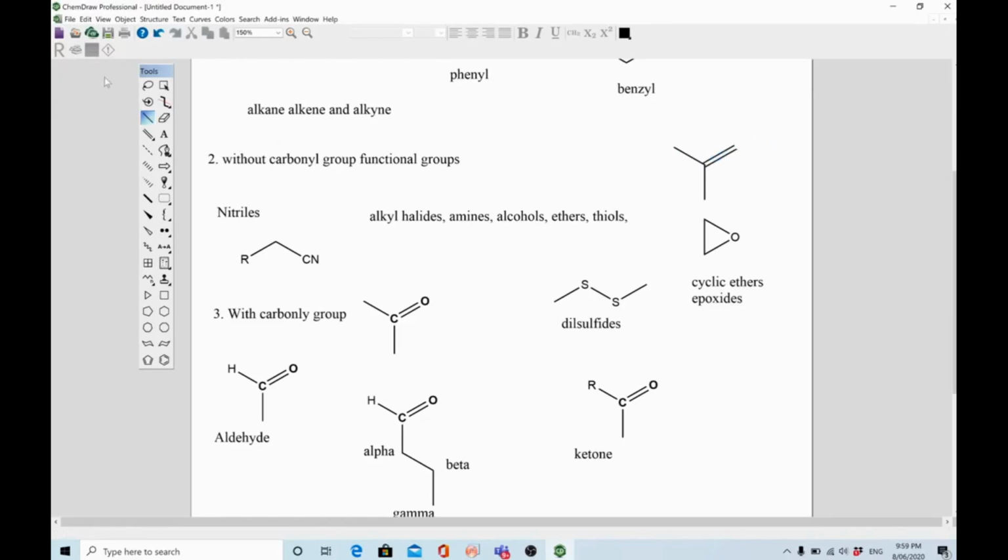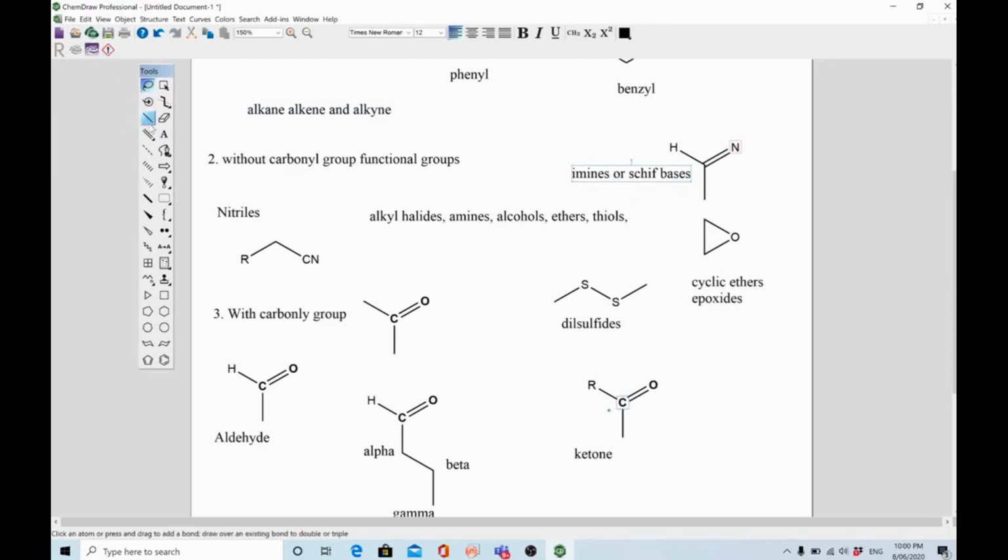Schiff base chemistry is quite well known. If we replace the oxygen of an aldehyde or ketone with nitrogen, we call them imines or Schiff bases, because they are named after Schiff, the person who first identified them.